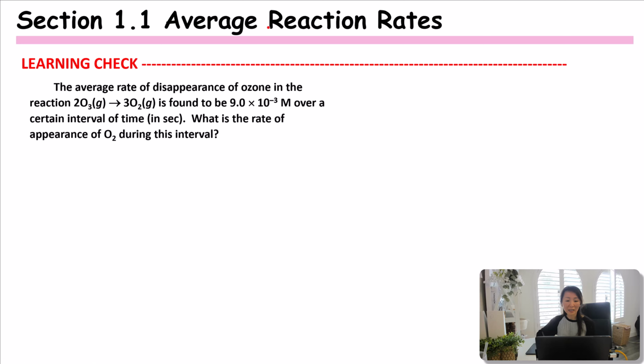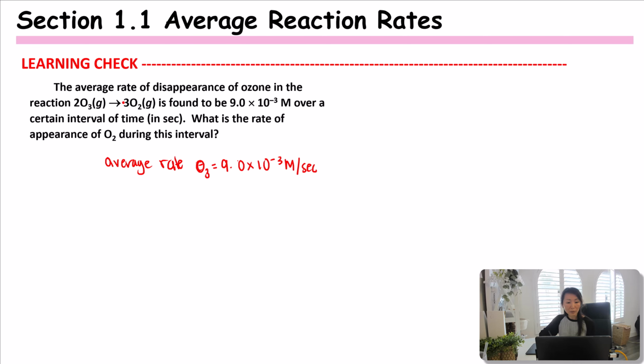So we know the average rate of O3, ozone disappearance, the reactant disappearance, is 9.0 times 10 to the -3 molarity per second, right?